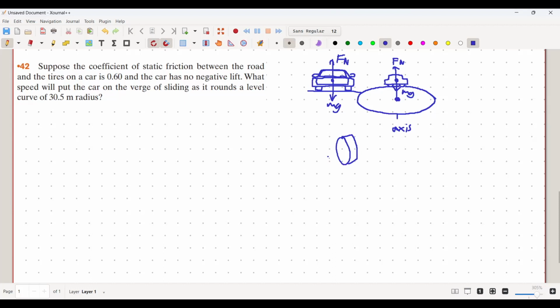Kaya ano yung diagram dyan, mas maganda na i-side view mo siya sa halip na top view. Tapos yung model natin ay box. Kaya pakita ko yung itsura ng diagram ko. Ito.